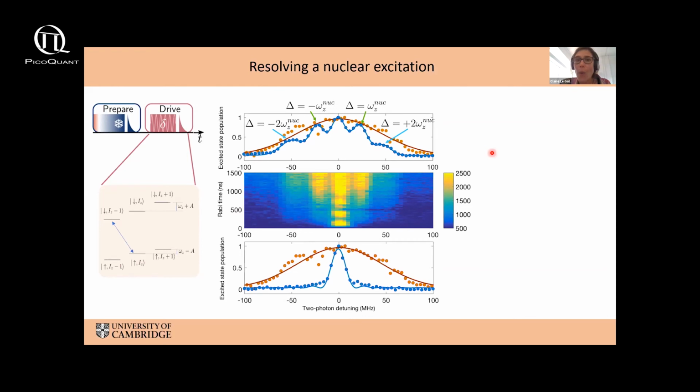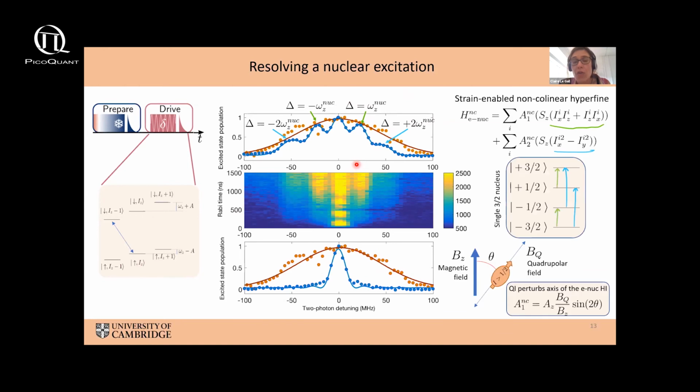And so why do we have not only one unit of spin flip, but also 2 units of spin flip possible in these sideband processes? The reason is that physically, these electron nuclear spin flips and the non-collinear interaction that we have actually arises from strain and from the quadrupolar interaction on our nuclei.